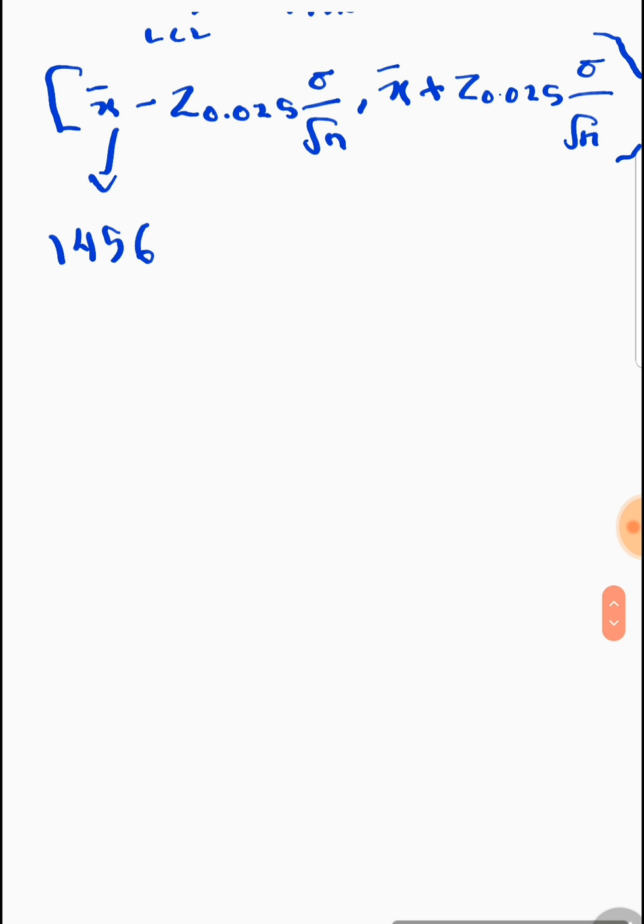Remember in the previous topics, if you still remember what your z is, your z is actually from the z table. Remember the z formula, where in this case it will be x bar minus mu over sigma over square root of n, because we're talking about samples.